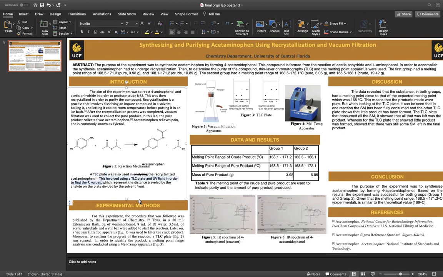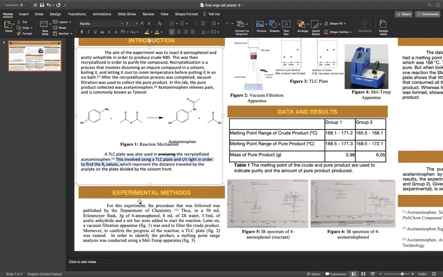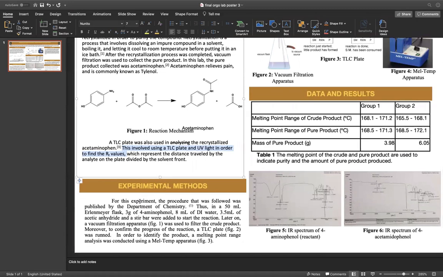Does this statement really explain the purpose of using TLC, right? And then it goes further, which represents the distance traveled by the analyte on the plate divided by the solvent front. Does that tell us anything relevant to someone that doesn't know much about TLC and is looking at your poster, right?